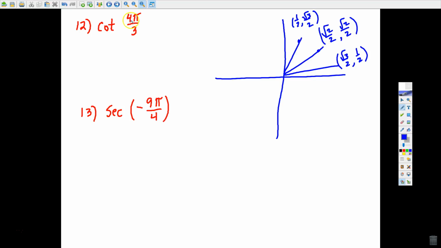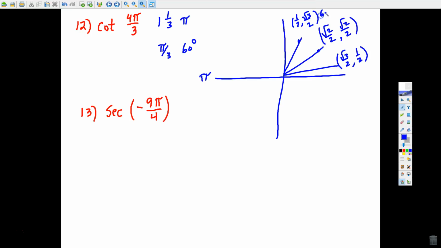Cotangent. So 4 pi over 3. Maybe you want to think of that as 1 1/3 pi. Okay, so here's pi, and then we're going to go another third of pi. And what is pi over 3 in degrees? Since it might be easier to track these angles, look at the unit circle in degrees. Pi over 3 in degrees is 60 degrees.